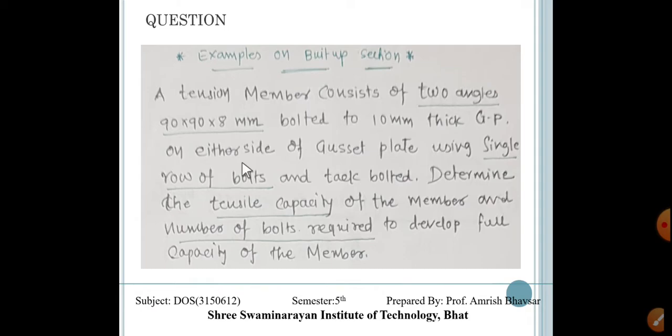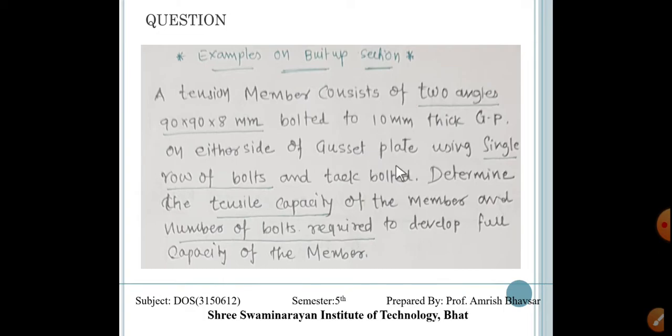In that case there is a gap of 10 mm between the two members. That gap makes our section act as a different section. So to consider it as a single member, we must tack bolt it at 0.5 meter distance or at 1 meter distance, whatever we have decided. That is called tack bolted.